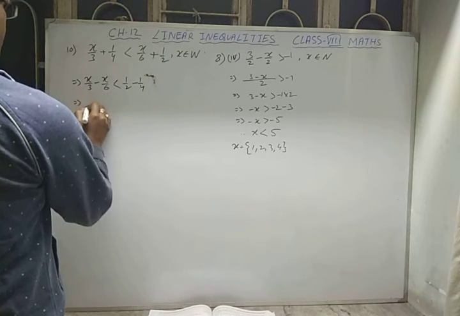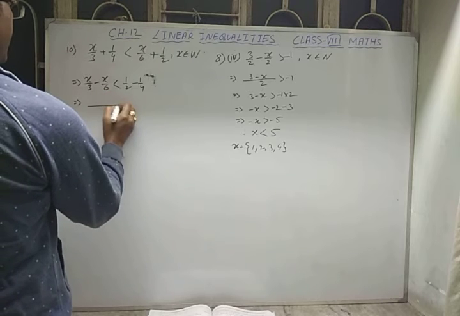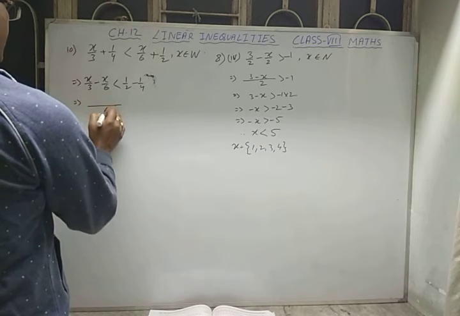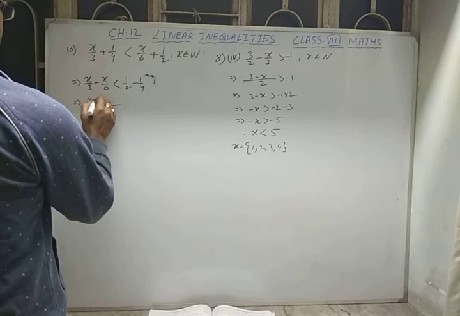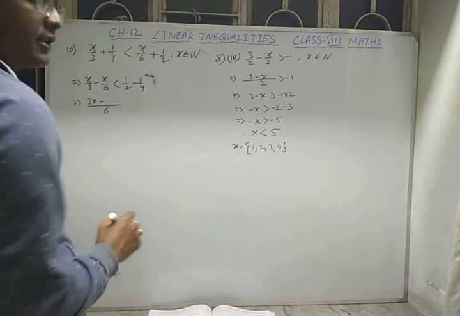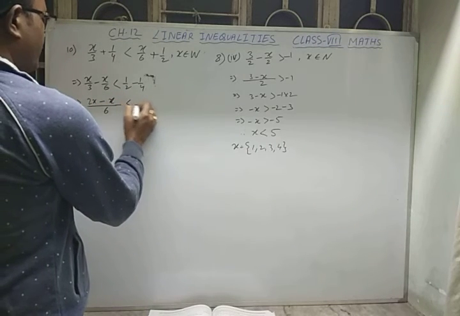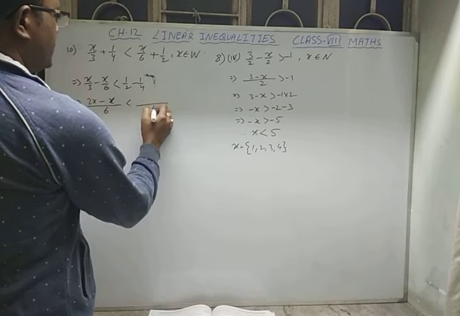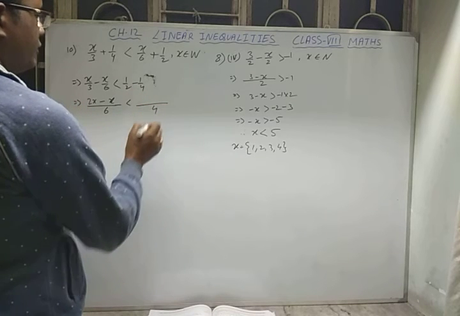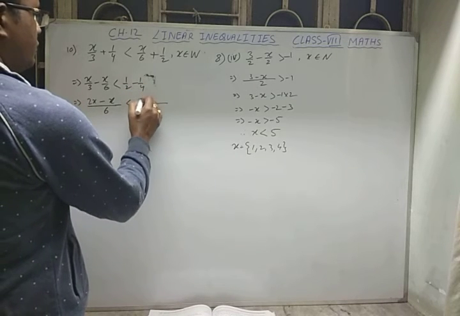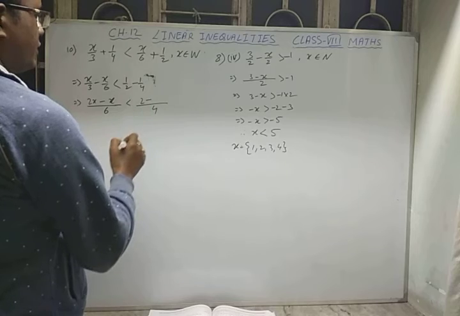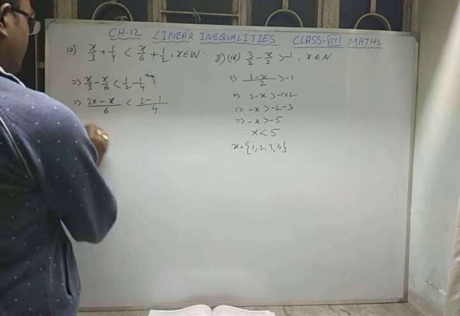Now take the LCM on both sides separately. The LCM of 3 and 6 is 6. So 3 2s are 6, 2 into x is 2x, minus 6 divided by 6 is 1, so 1 into x is x. Here also the LCM of 2 and 4 is 4. So 4 divided by 2 is 2, 2 1s are 2, minus 4 divided by 4 is 1, 1 1s are 1.